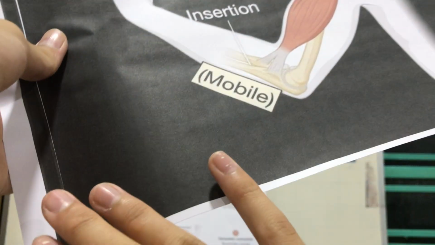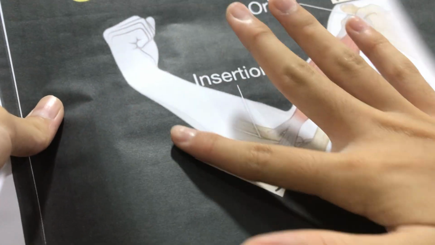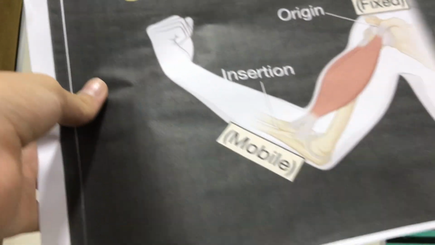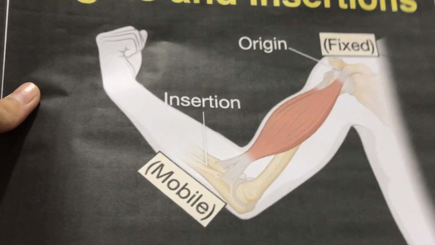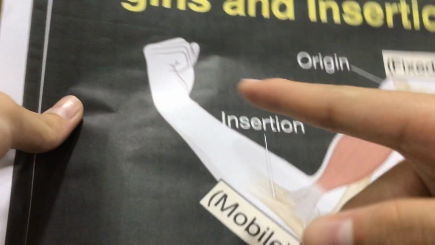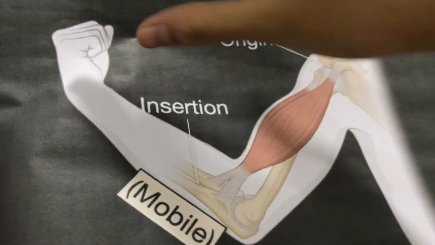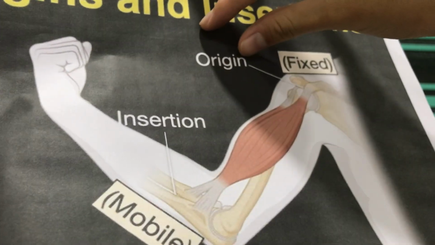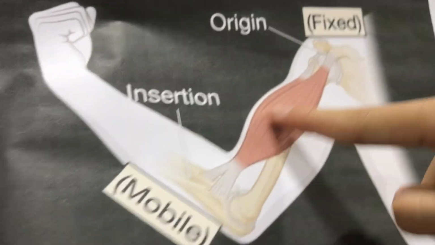It will be outstretched and straight, so it has not been pulled up like this yet. So when the contraction actually occurs, the sliding causes the muscle fiber to shorten, and when you move your arm upwards, that will shorten this muscle right here.